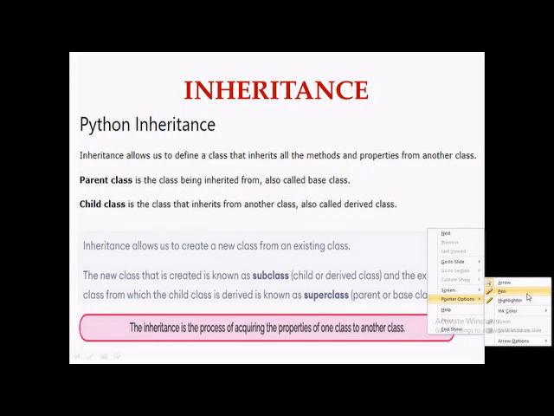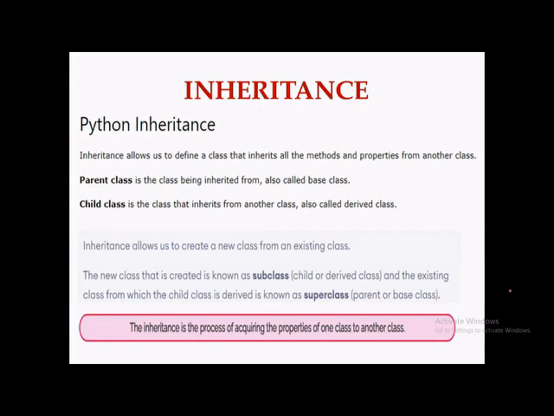In Python, we are allowed to inherit or use the properties of one class in another. So we can use the methods and properties of one class in another class by means of this inheritance concept. Inheritance is used to inherit the properties and methods of one class to another class.